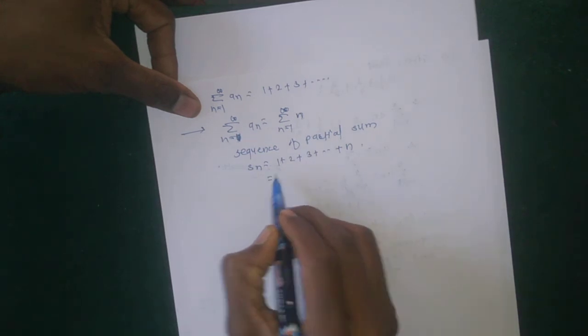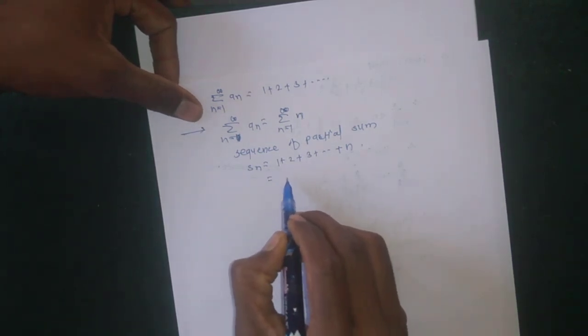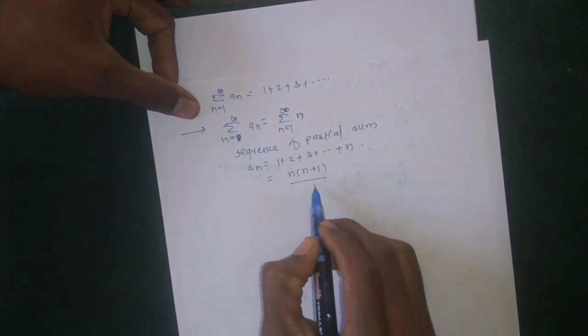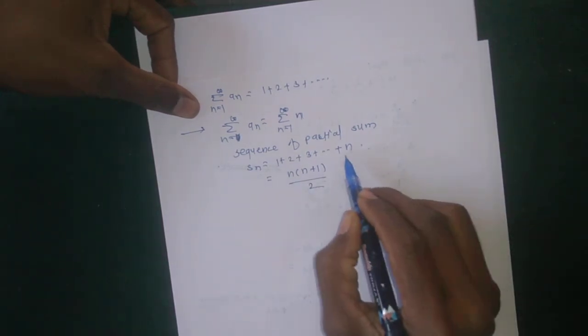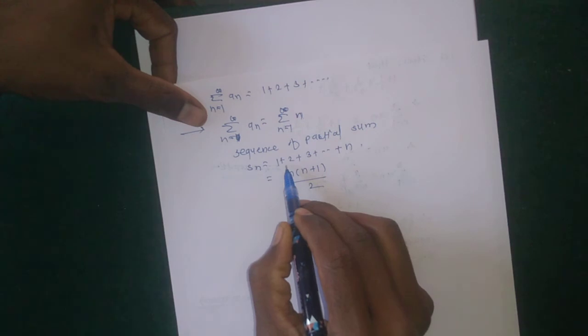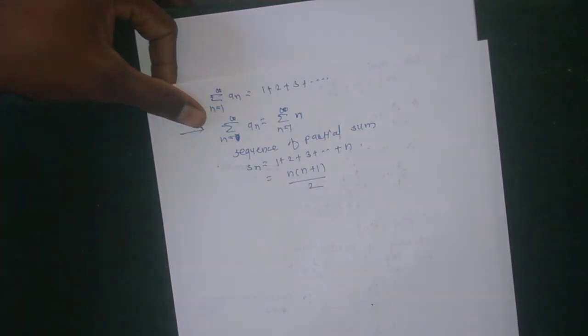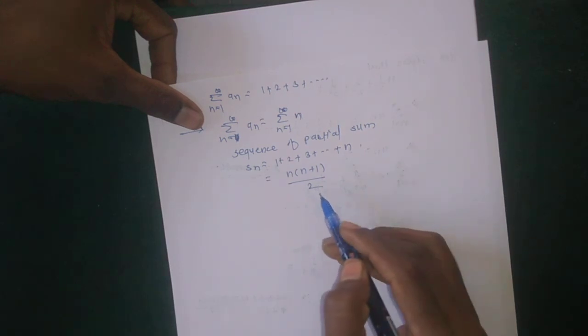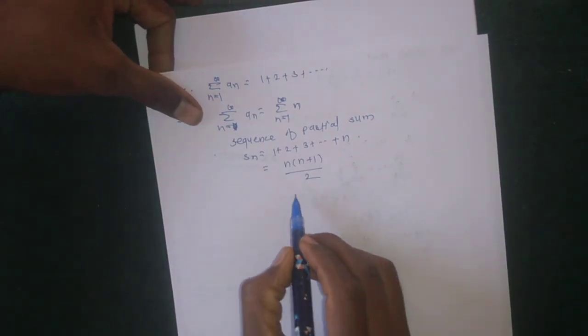Okay, so their addition must be n into n plus 1 divided by 2. Okay, so the sum of the first n terms is n into n plus 1 divided by 2.